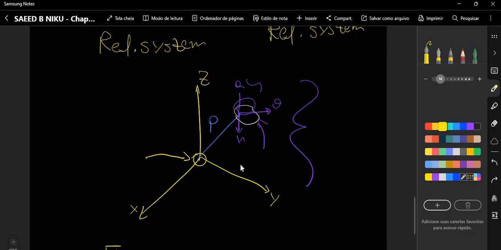So we can represent this configuration in matrix form.